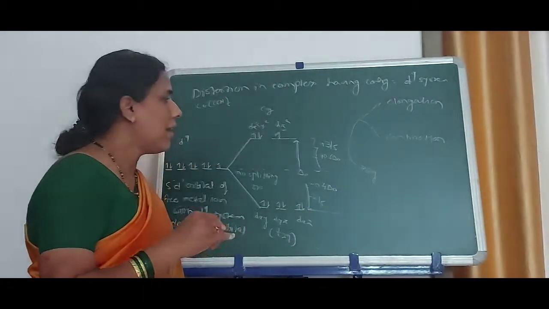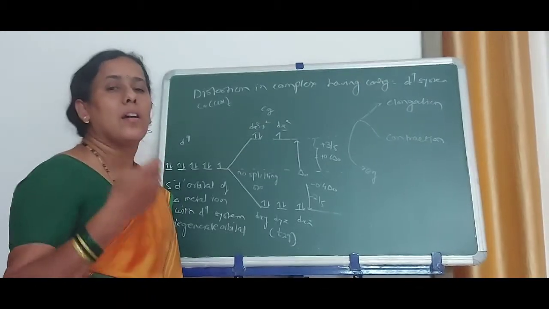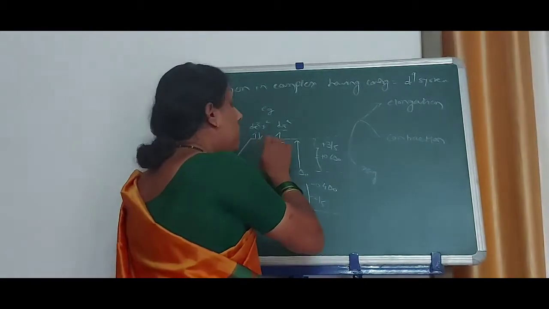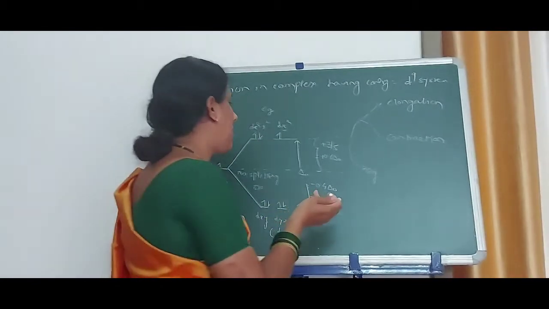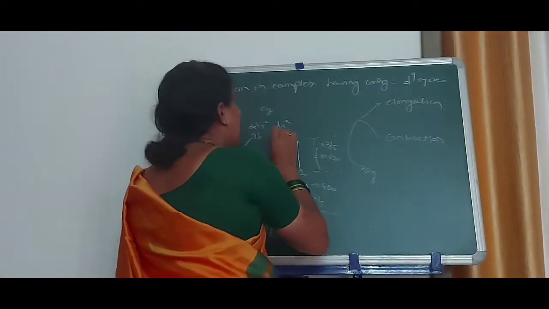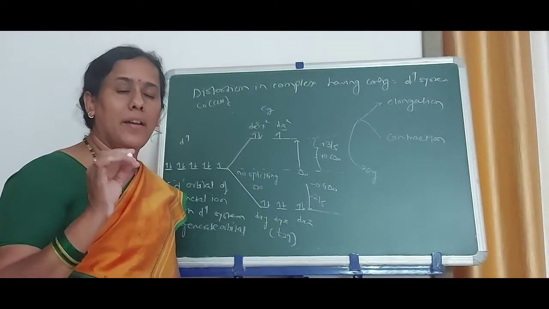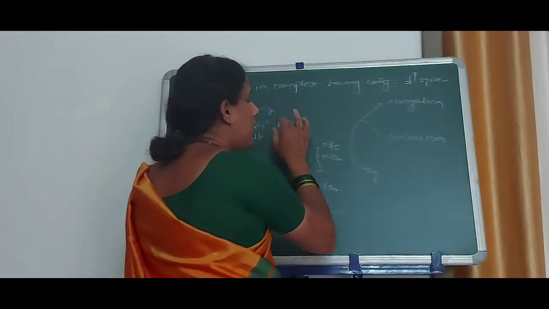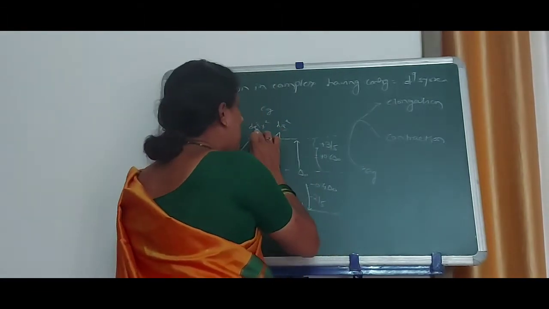Okay, when the axis is drawn out, that is moved away from the central metal ion, at that time the electrons are entering which orbitals?